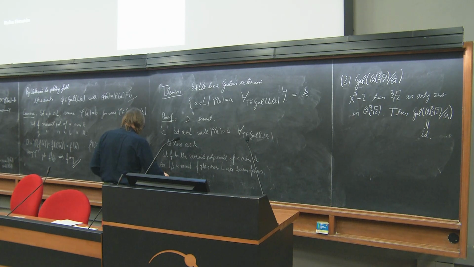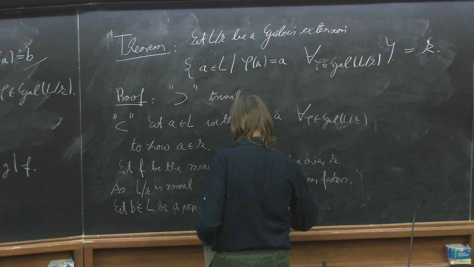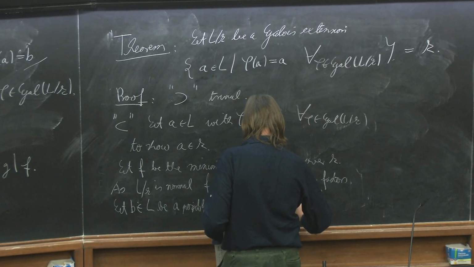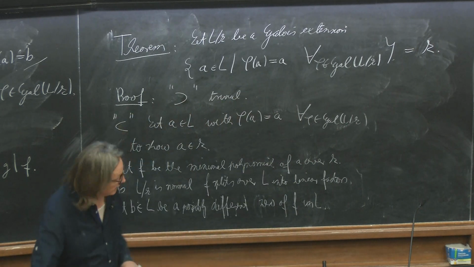Let b in L be another, or any, possibly different zero of f in L. We want to show that b is equal to a.